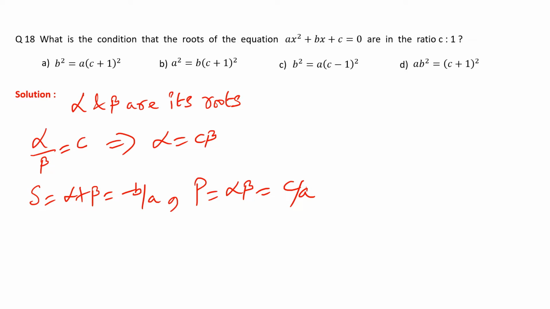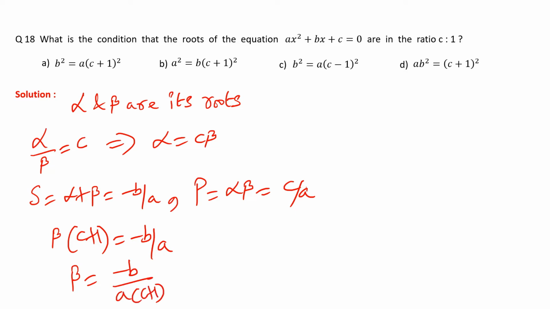Fine. Now since alpha is equal to c beta, if I put alpha as c beta over here, it becomes beta into c plus 1 equal to minus b upon a. Fine. So beta from here comes to be minus b upon a into c plus 1.